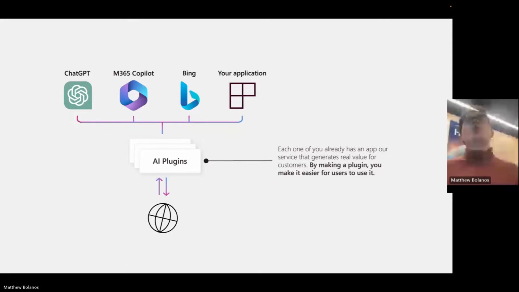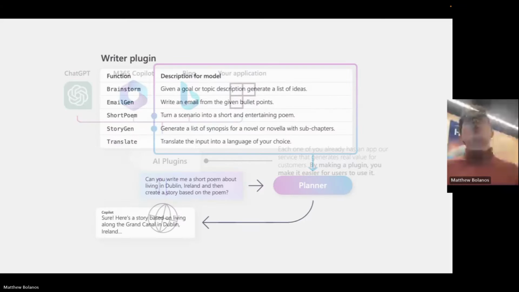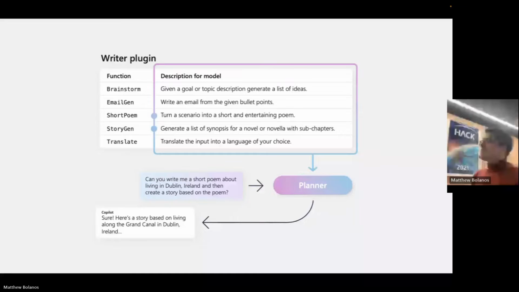Now, the last thing I'll say about plugins before I dive in: a lot of folks think it's just a collection of API endpoints. You're just going to give the API endpoints, throw it to the LLM, and it's going to be good. But it's more than that. It's those functions and semantic descriptions.